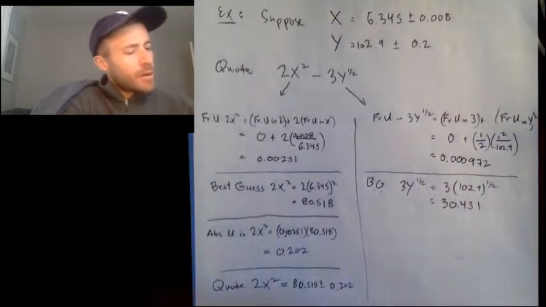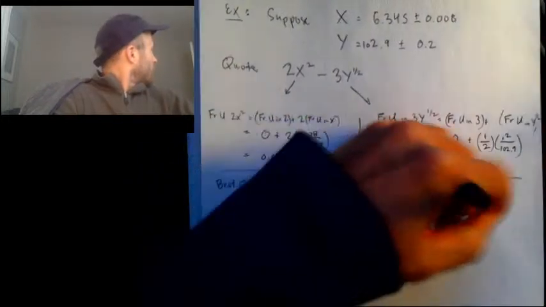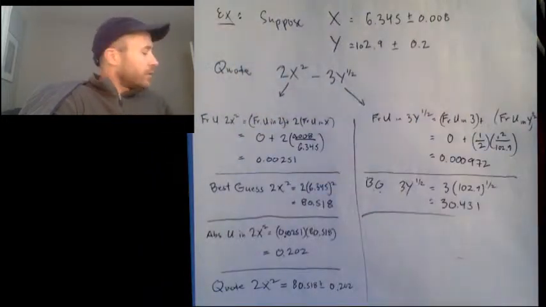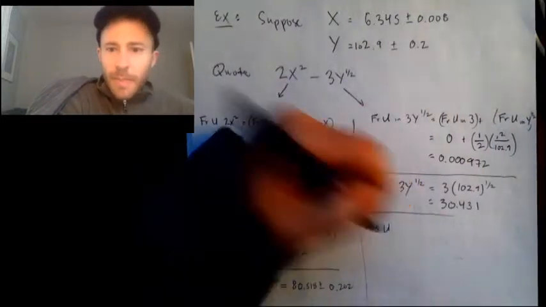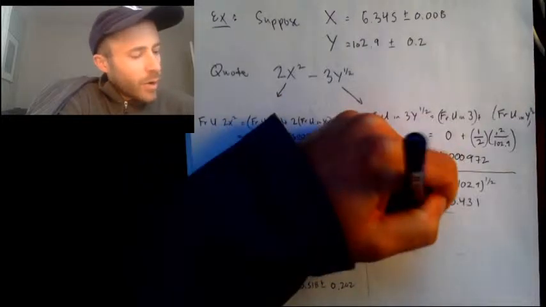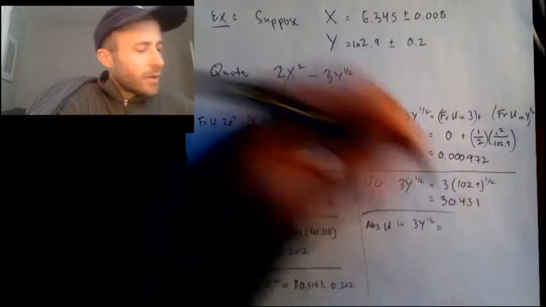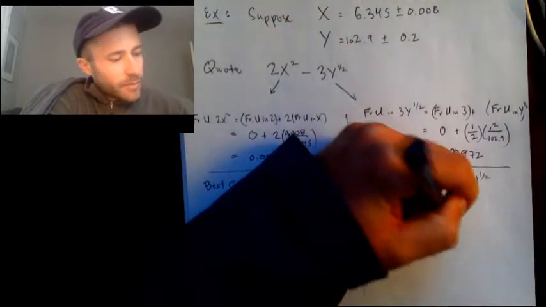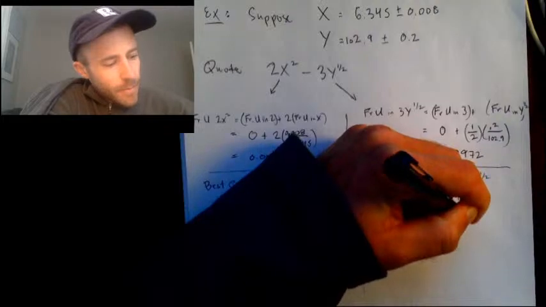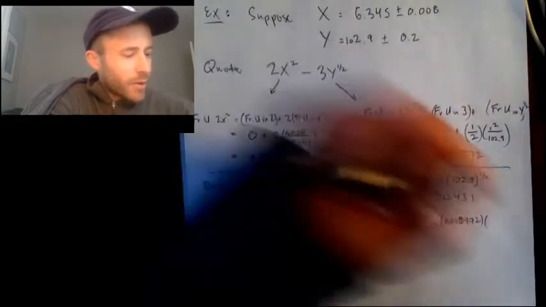Okay. So now I have to get the absolute uncertainty in 3y to the 1/2, which is going to equal my fractional uncertainty, 0.000972, times my best guess.